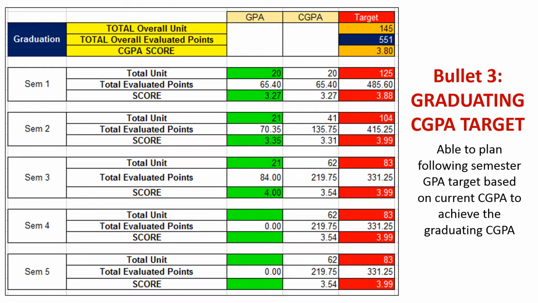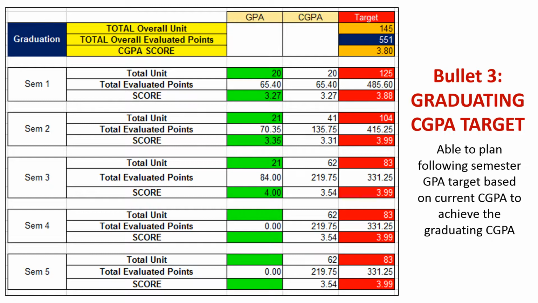So 485 divided by 125, meaning to say for the remaining 125 apples or units, the student has to give a value or a price of 3 ringgit 88 cents, or 3.88.